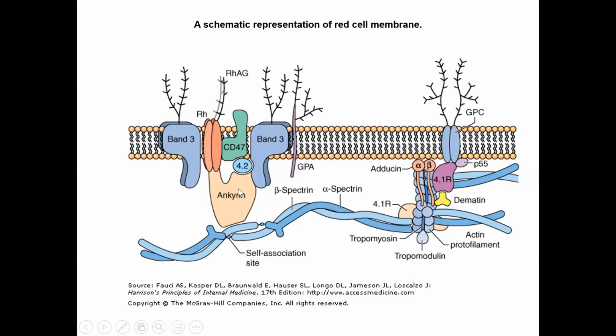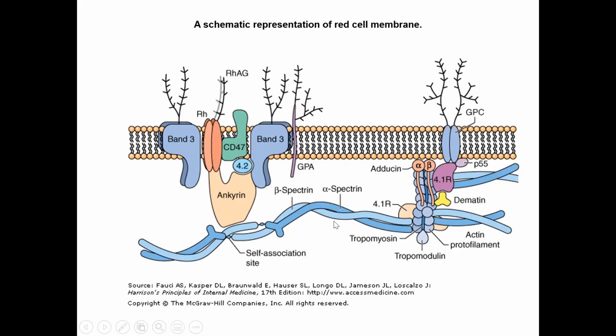You have your ankyrin, you have your alpha and your beta spectrin, and these help ensure that it is tethered to the bilipid layer. These are the major ones that we see, but there are many other proteins that you can see, like dematin, adducin, etc. But the major ones are this band 3, your glycophorin C, and your ankyrin and spectrin, which is the beta and alpha spectrin.